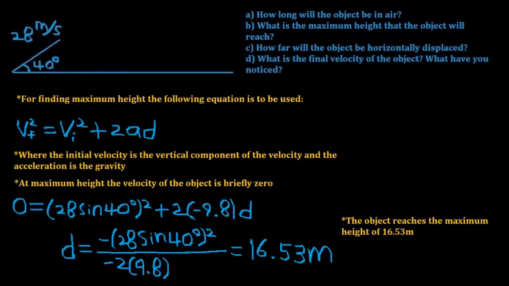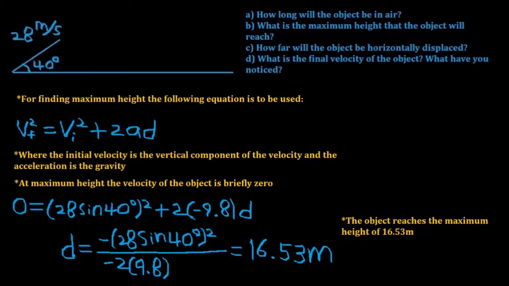So now we want to find the maximum height of the object. In the case of maximum height, the equation that is going to be used does not involve time at all. We have the equation velocity final squared equals velocity initial squared plus 2AD, A being acceleration due to gravity, D being the distance traveled by the object.